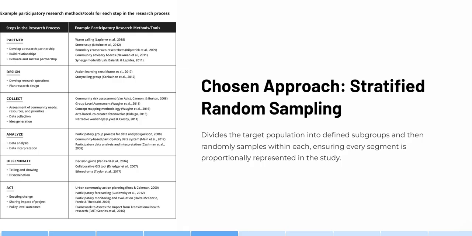Then you analyze and interpret that data, followed by dissemination, like telling and showing, and finally act on it, like act on the changes, share the impact of the projects and policy level outcomes.